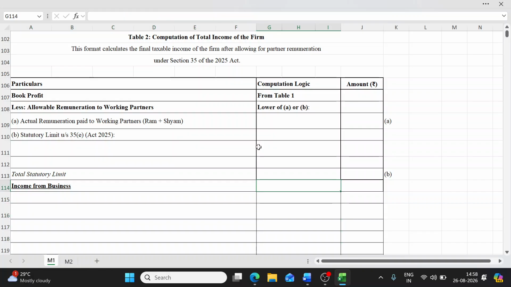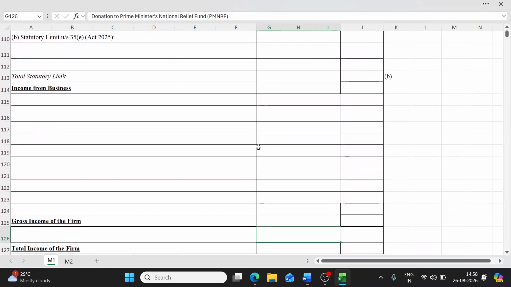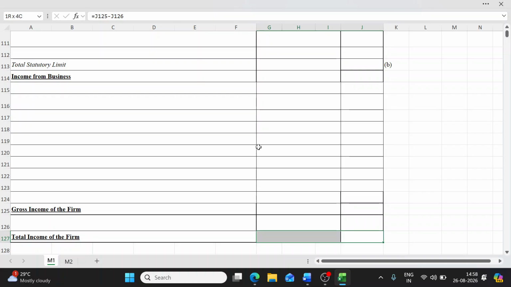After adding other incomes, you will get the gross total income. And in the gross total income, if there are any deductions available under chapter 8, like section 133 donation, then get the deduction, and then you'll get the total taxable income of the firm.